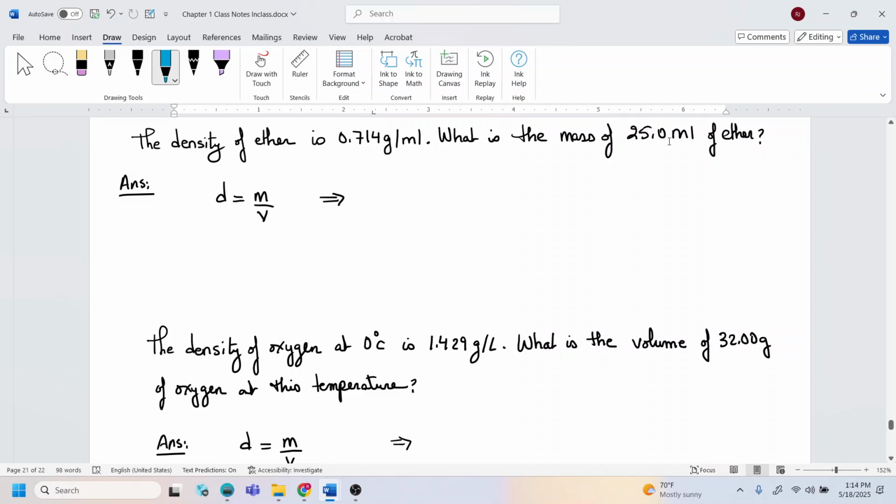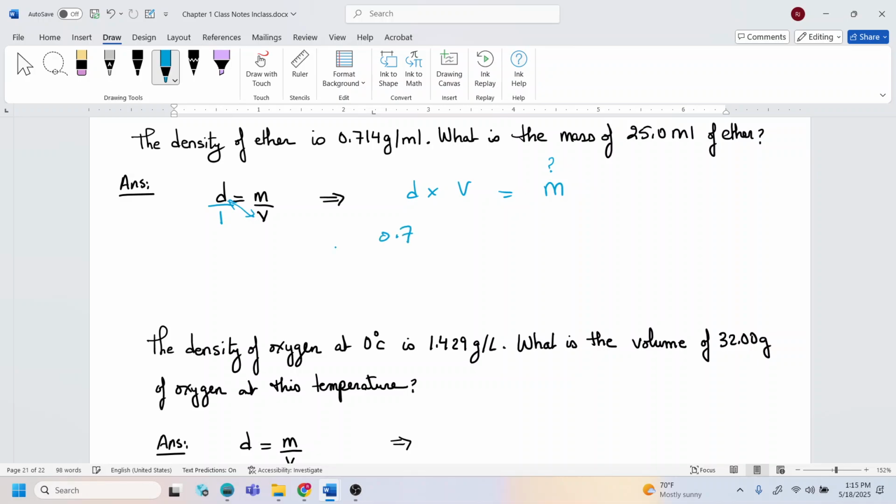What is the mass of that volume of ether? Since we need the mass, we can rearrange. Cross multiply: density times the volume is equal to the mass, right? We have the density, we have the volume.